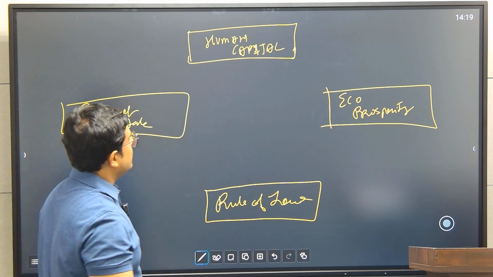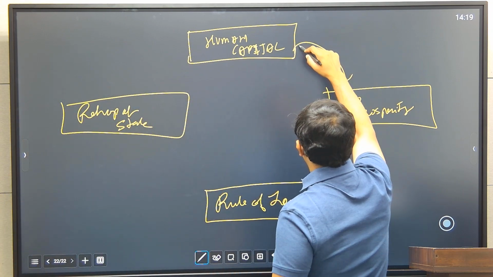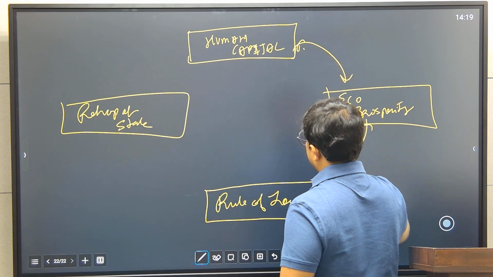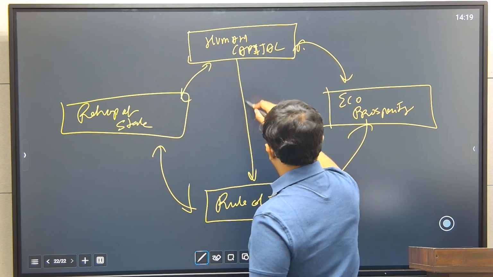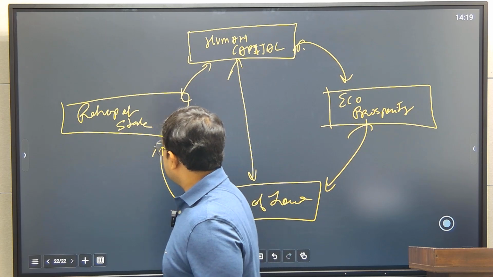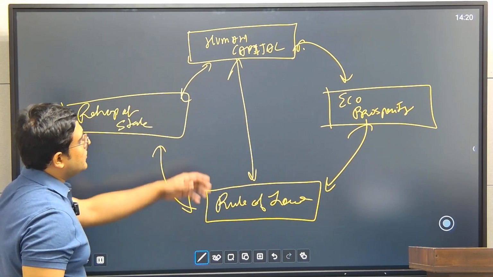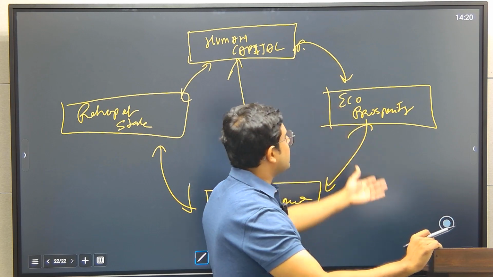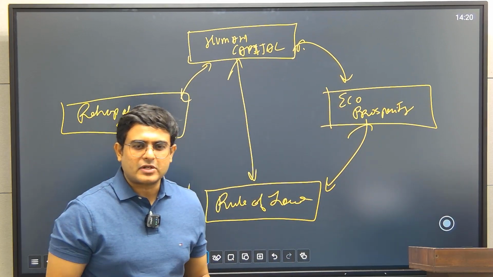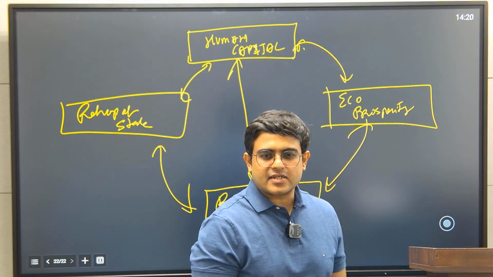So this is the pragmatic neoliberal model of development given by the World Bank. Human capital: you develop human resources, the welfare of the people. Economic prosperity: development from an economic perspective, roads, bridges, infrastructure, etc.